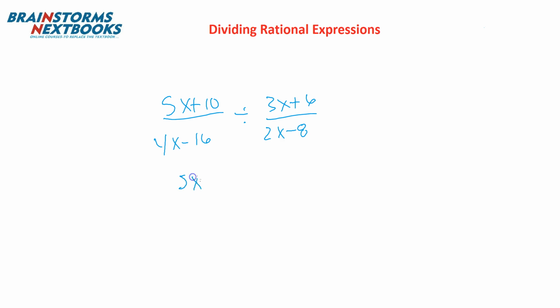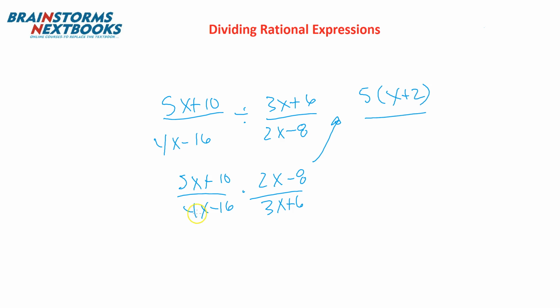So now we have 5x plus 10 over 4x minus 16 times 2x minus 8, the reciprocal, 3x plus 6. And now we can go about the business of factoring each term and then canceling where we can. It looks like the top, I can pull out a 5, and then it'll be x plus 2 over this guy.